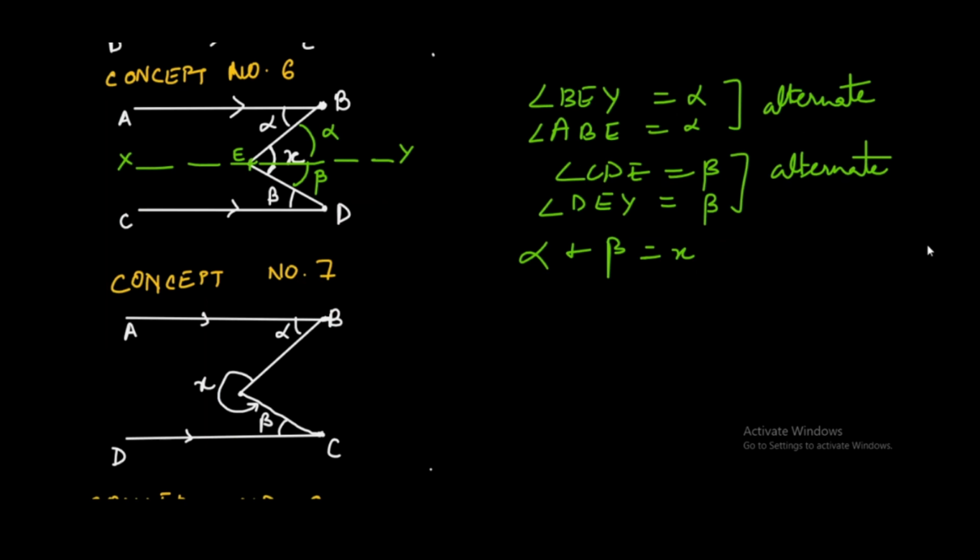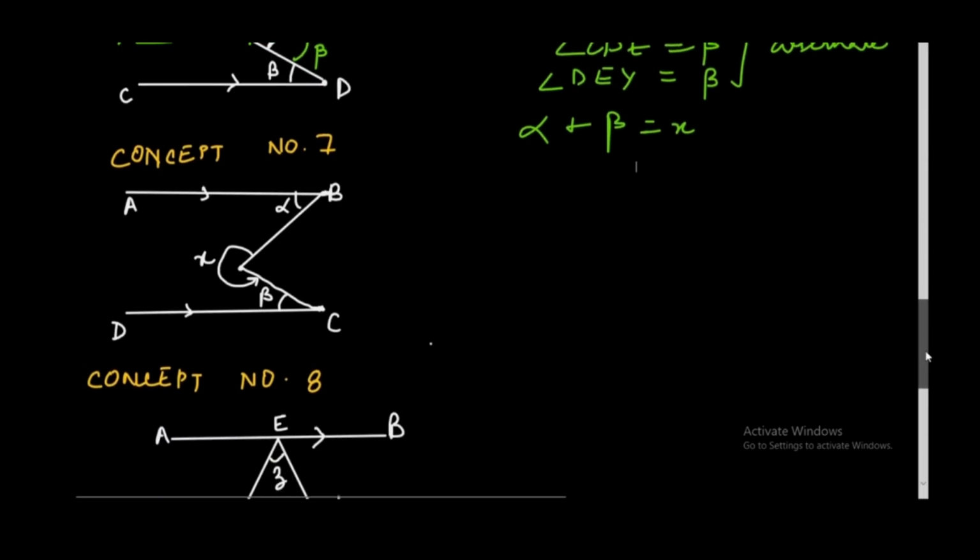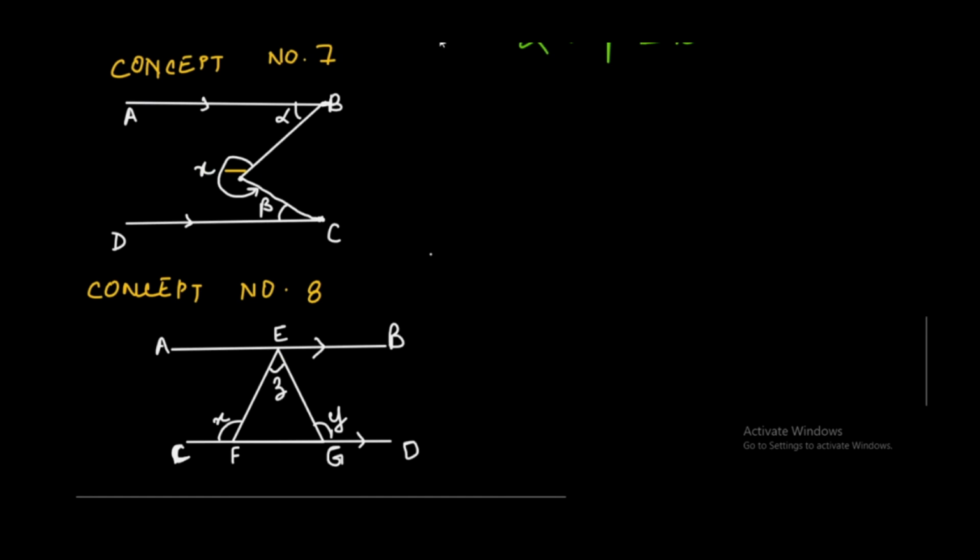Now move on to concept number 7. In this question we have to draw a line parallel to AB and CD. After drawing this parallel line, if this is alpha, this would be alpha also. This point is E, this point is Y, this point is X, and this would be beta because of alternate angles.